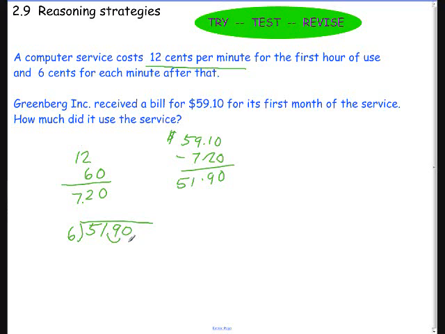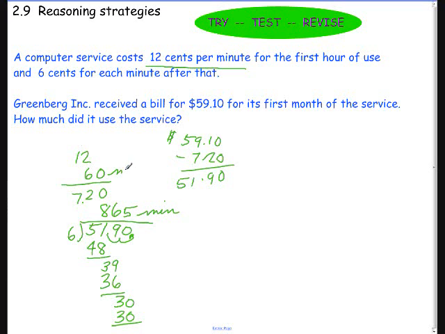I'll just move this decimal place over here, and I'll say, okay, 6 goes into 51 8 times, doesn't it? 48. Bring down 3. 6 goes into 39. Well, it goes 6 times. Make it a 30. Goes 5. Whoop. So that would be with no remainder. Isn't that nice? So that's how many minutes.